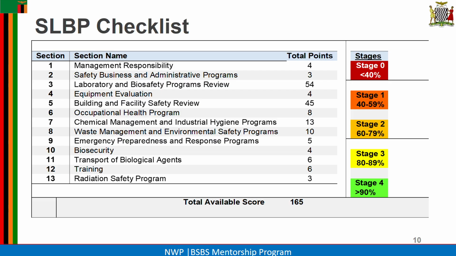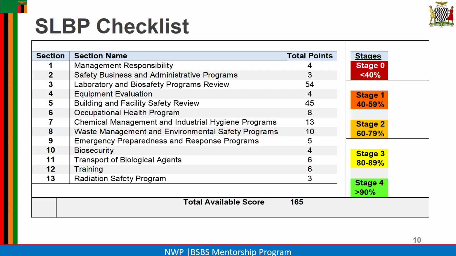This one has 13 sections, so it also covers most aspects of laboratory biosafety, and it only covers one section of biosecurity with about 4 points. So it has a very small portion of biosecurity, and that's why this one is not really recommended.